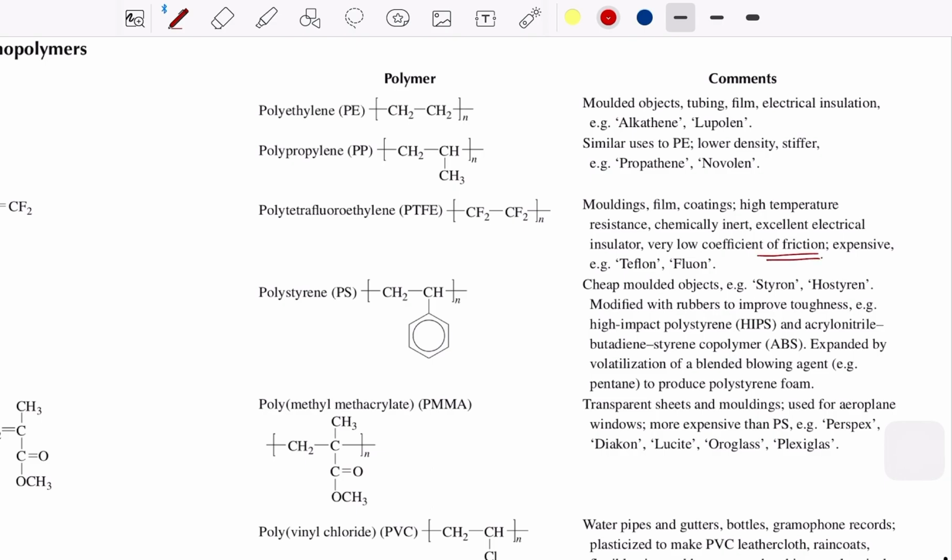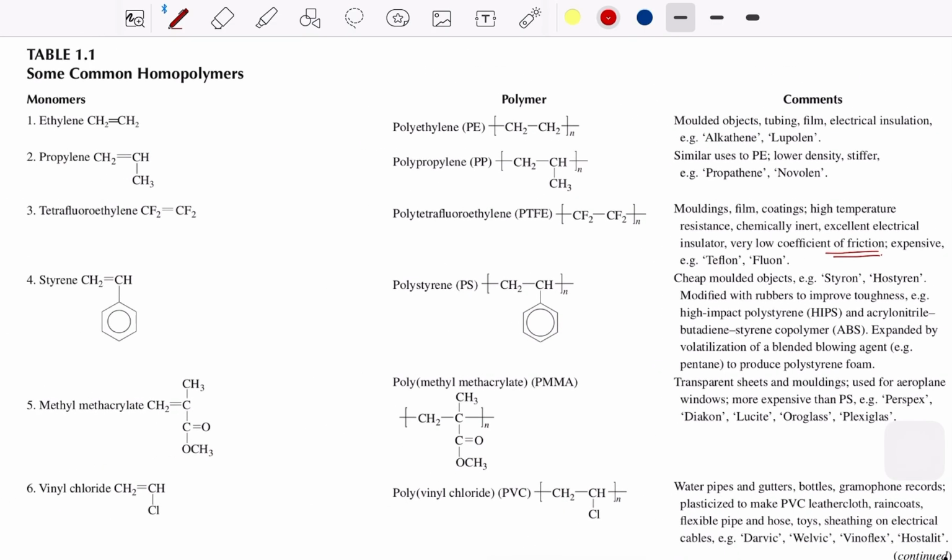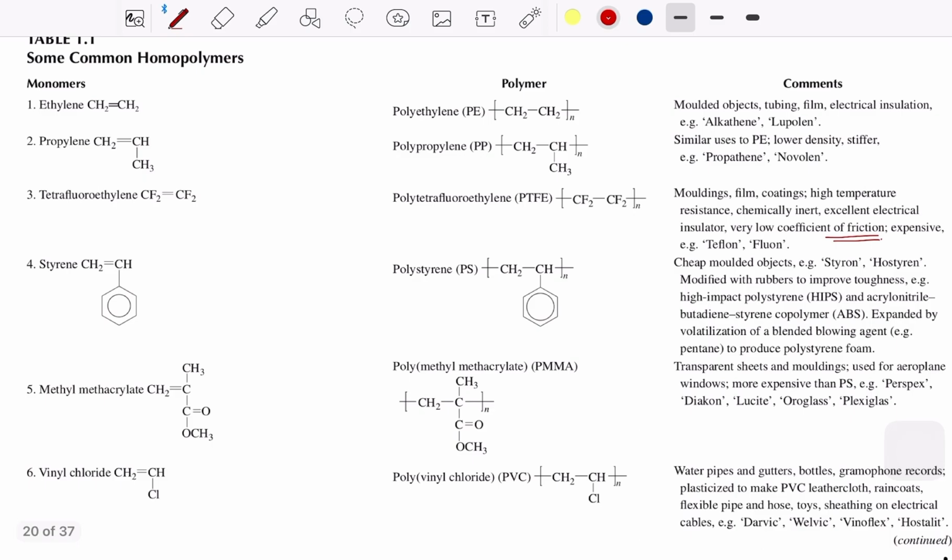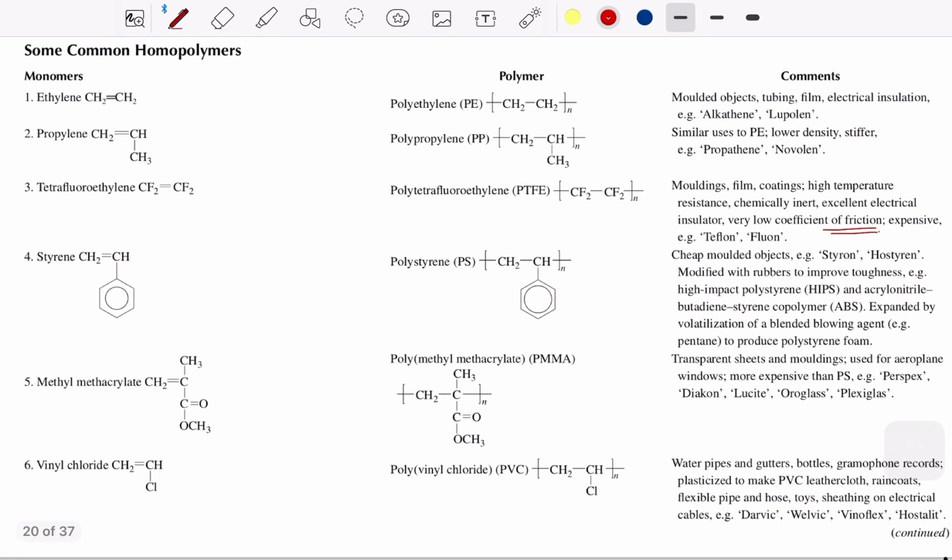So that's good for cooking, because in cooking you would otherwise have a lot of friction between the pan and the spatula, right? And styrene is for molded objects also, and it can improve rubbers also.